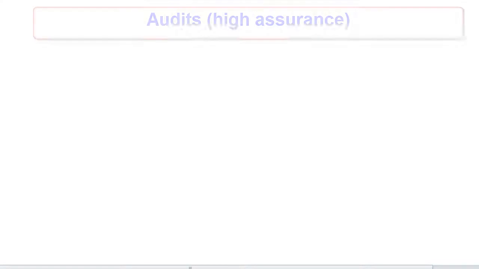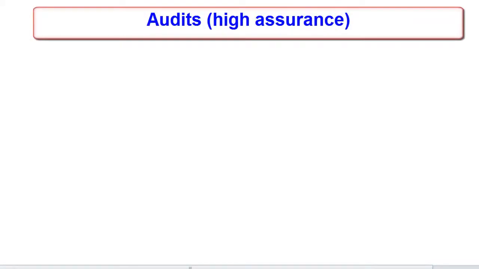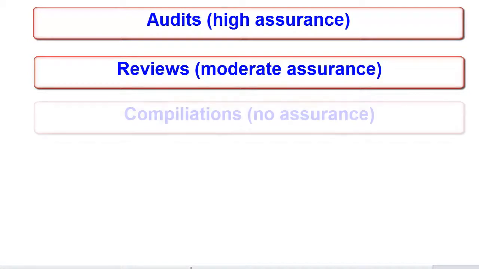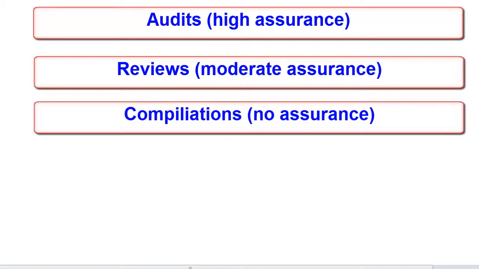Next, let's spend a few moments discussing the assurance services provided by public accountants, as these can vary. We will primarily talk most about the financial statement audit in this course. A review engagement is similar, only it provides readers with less assurance because the auditor does less work to support its opinion. A compilation engagement provides no assurance, even though the public accountant is involved in assembling the financial information.